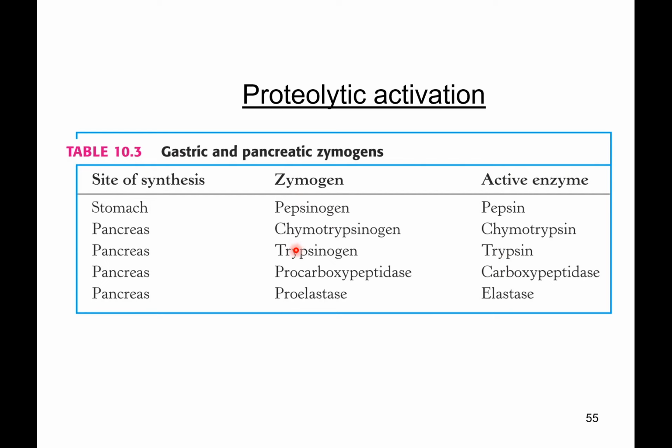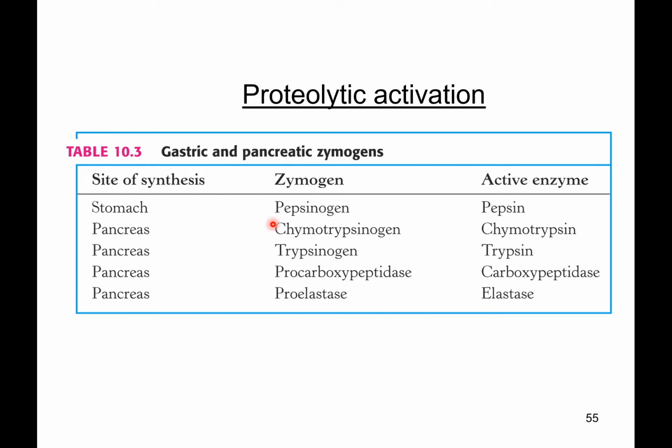So as they're expressed, they're not active, and that's really important because you don't want these digestive enzymes to cleave other proteins. If you have these active within a cell, they'd be eating cellular proteins that are important. So you want to express them in an inactive form, the zymogen form.